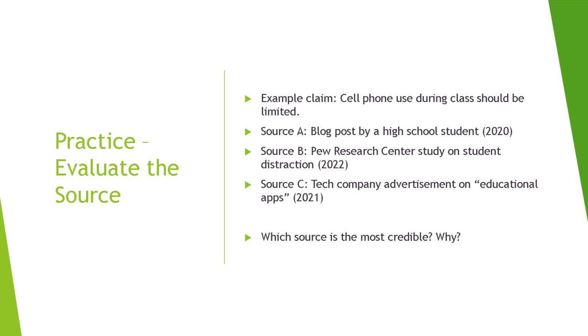This is a strong one because it's recent, it's relevant, and it's backed by data. And then source C is a 2021 advertisement from a tech company promoting educational apps. So this one clearly has bias and a financial motive. So the most credible source here is source B because it's current, it's reliable, and it's written by an unbiased organization.